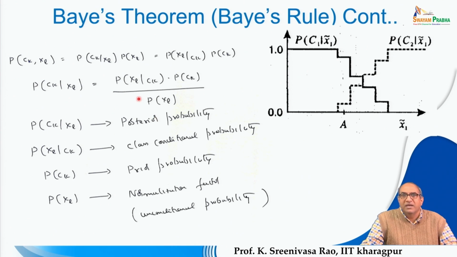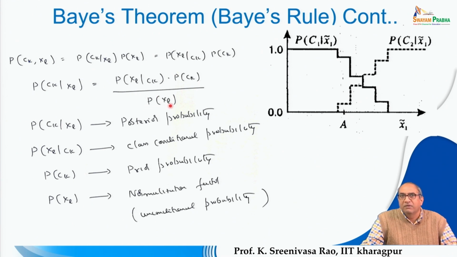In the same way, suppose we take generic handwritten character recognition, we have 26 alphabets, so CK takes 26 values, C1, C2 up to C26, each corresponding to one of the characters. For all these 26 posterior probabilities, the denominator remains the same, whereas the numerator varies depending upon the class label. The numerator varies, but the denominator remains the same because this is unconditional.